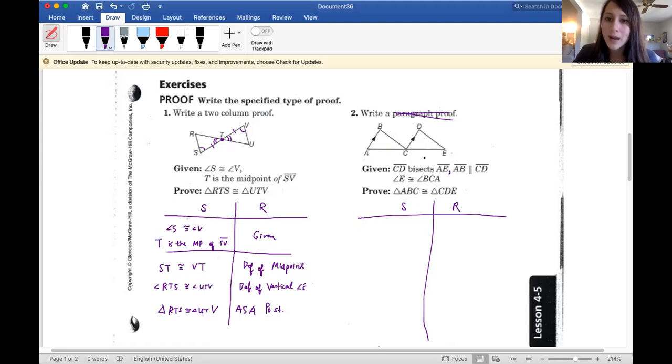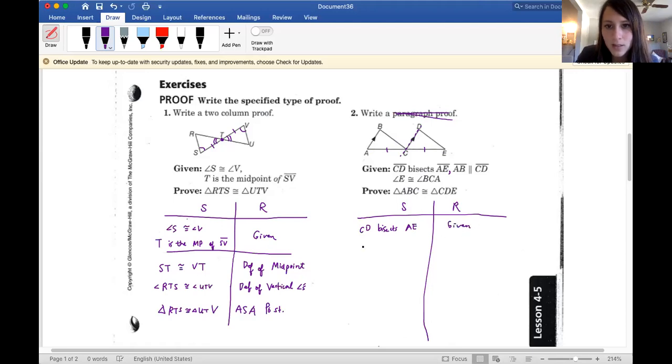Anytime you have a bisector cutting through another segment, a bisector means it splits that segment into two equal parts. So CD is right here. This is the one doing the cutting, and AE is being cut. And so AE is split into two equal parts, being AC and CE. So that's something that I'm going to conclude based off of my given. So let me put that down. Bisects AE. That's given.